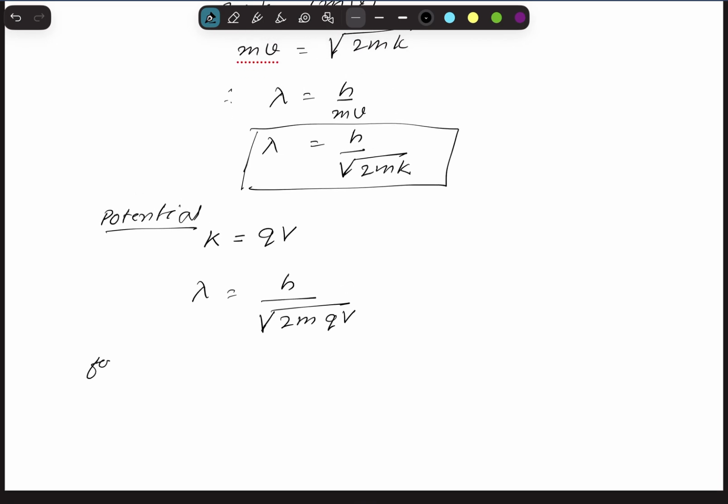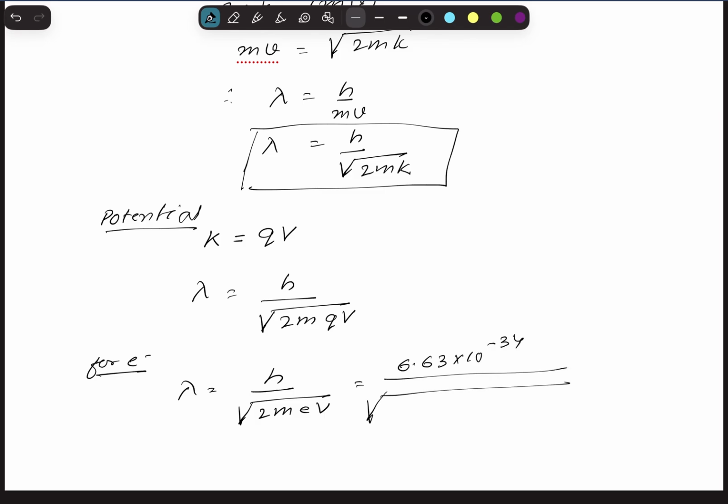Now specifically for an electron, I have to write this as root over 2meV. Now we know the value of Planck's constant, that is 6.63 into 10 to the power minus 34, divided by root over 2 times the mass of electron, 9.1 into 10 to the power minus 31, times the charge of electron, 1.6 into 10 to the power minus 19, and then I'm left with the potential.